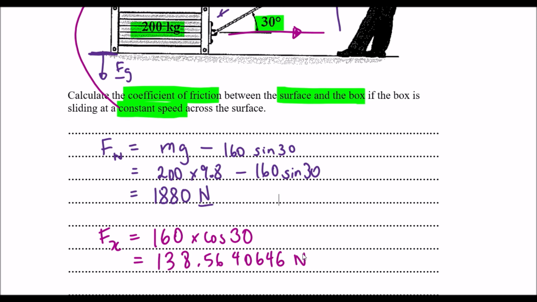And what I can say is Fx is essentially the opposite of the friction force. If I want to write a direction, I can say the friction force is negative 138 point something. We're not going to worry about this because the coefficient of friction is a scalar quantity, so there are no positives or negatives involved, and we can just leave the numbers as they are.